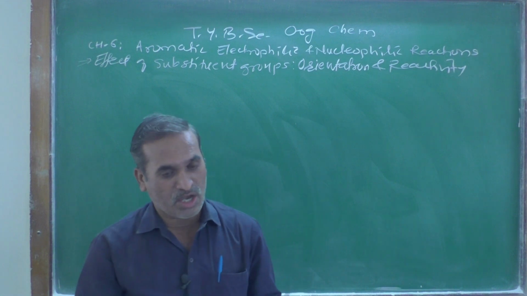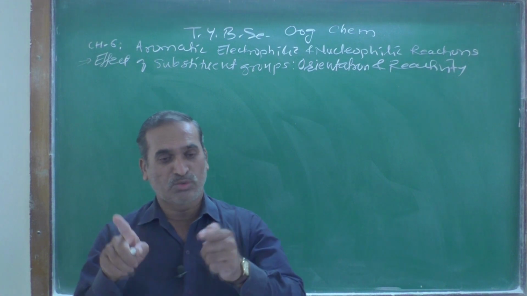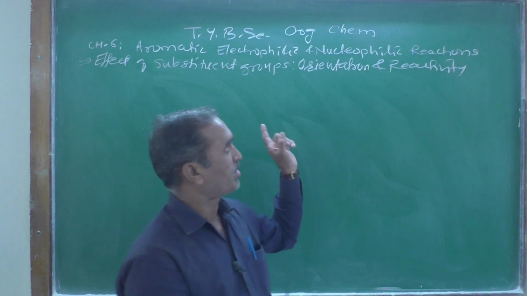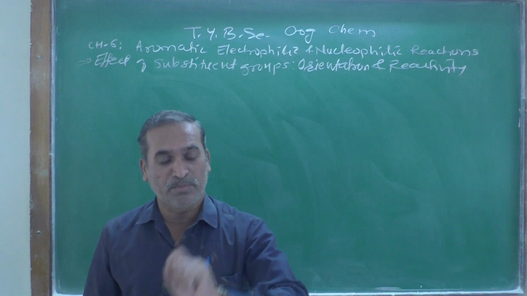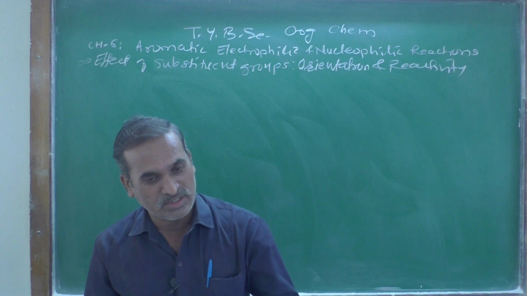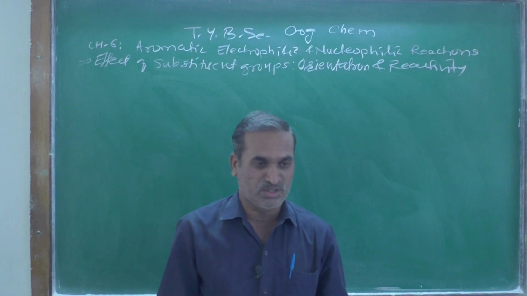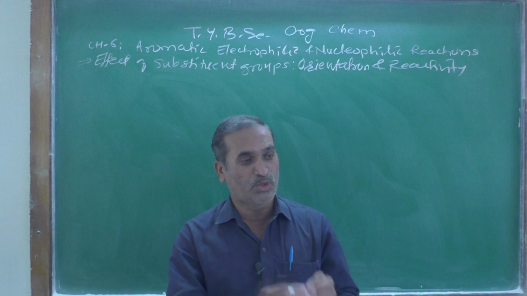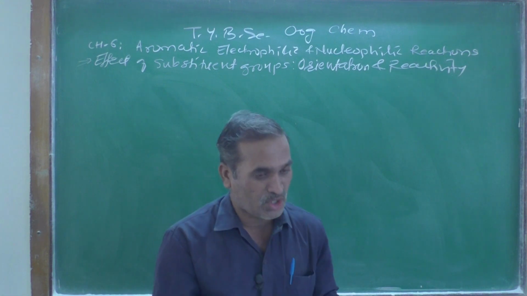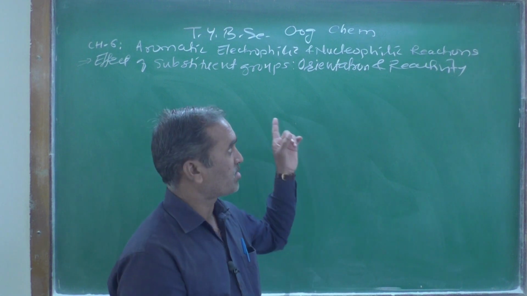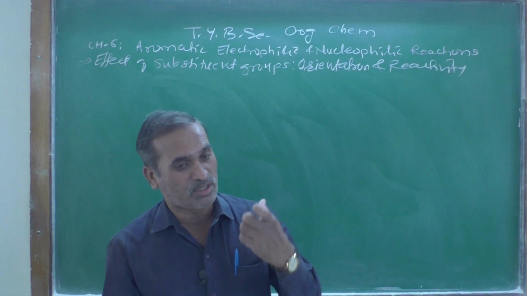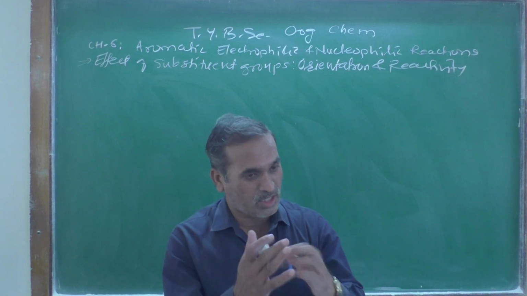Suppose these are 3 aromatic compounds, and if you talk about reactivity, whether benzene is more reactive or toluene is more reactive or nitrobenzene is more reactive, how do you decide their reactivity order? That is called reactivity. Among these three, one must be more reactive.